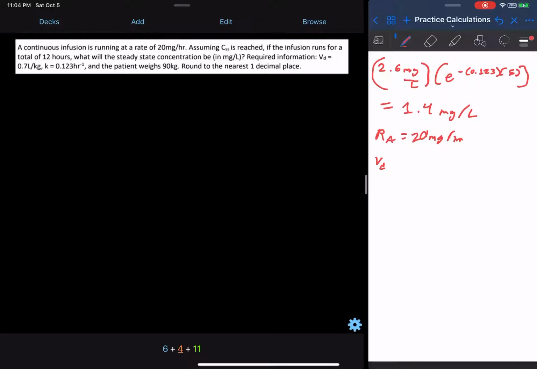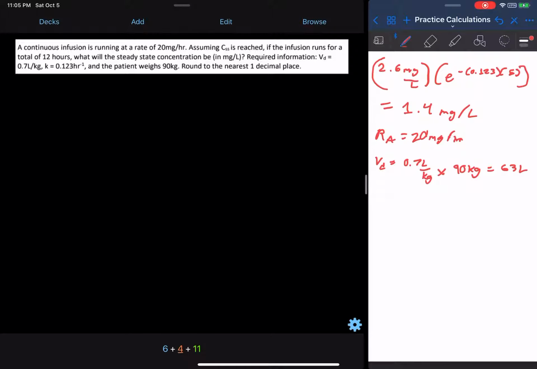Okay, let's solve for volume of distribution first. Here's per kilogram, liters.